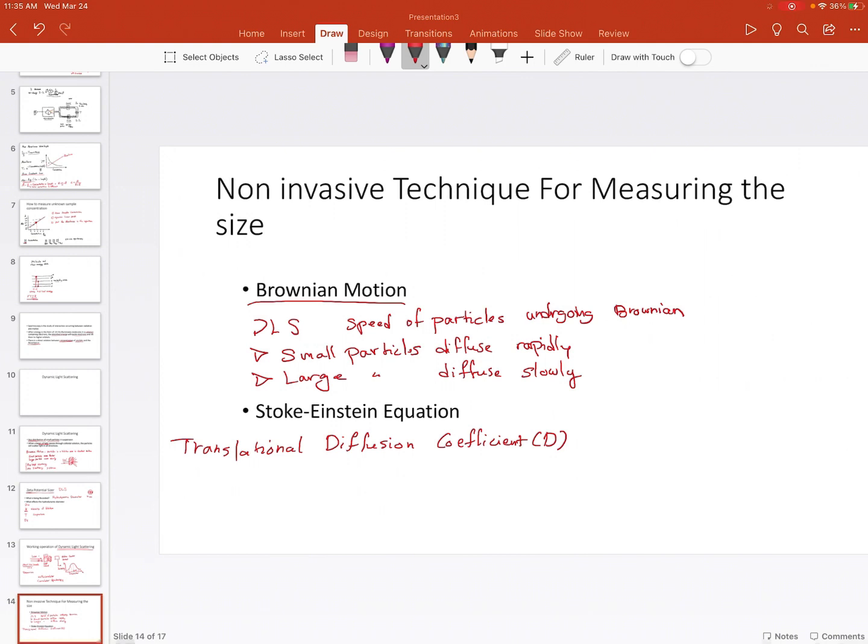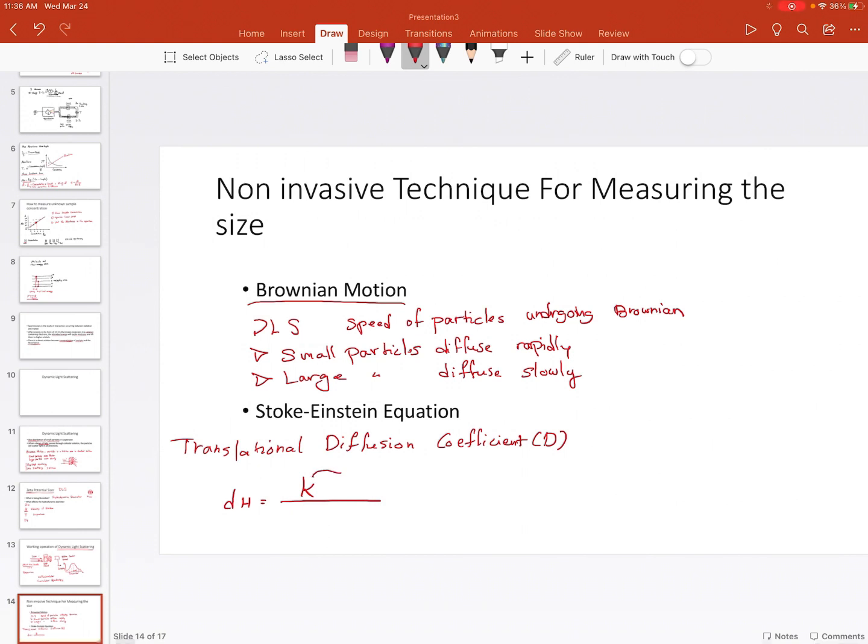I'm going to write here. The Stokes-Einstein equation is important in the DLS technique. It is the equation that is being used to analyze the data that we have and convert it into particle size. We have dH here, which is the hydrodynamic diameter.